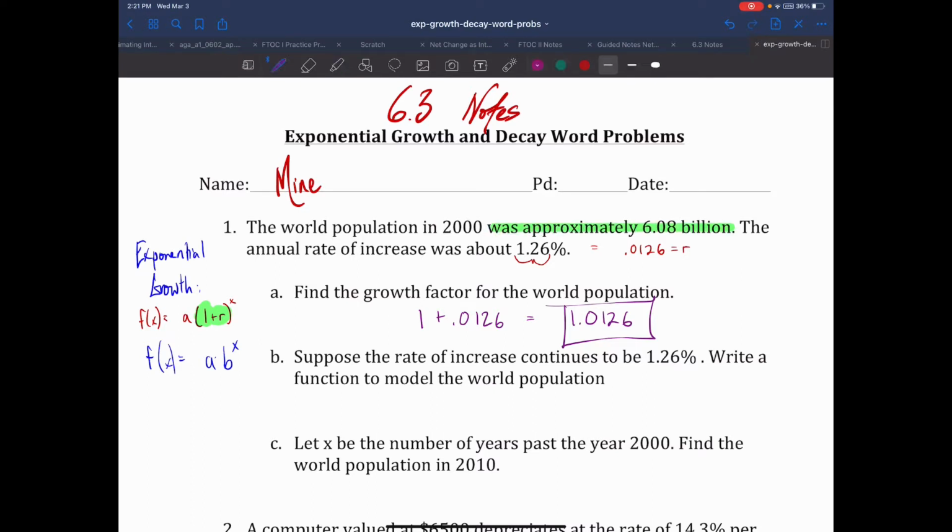So that's what we start with. So our function is going to be f of x equals 6.08, and this is going to be in billions. I'm not going to write out all the zeros. This is times 1.0126 raised to the x, and that would be our function.